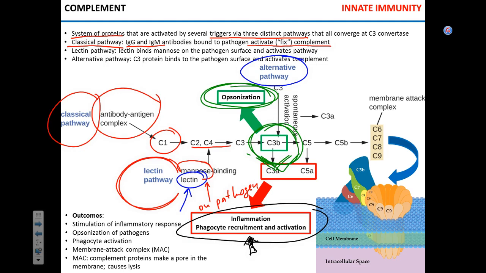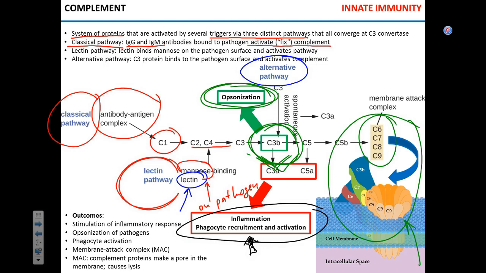Okay. And the third outcome is called the membrane attack complex, shown here to the right. In the membrane attack complex, we have 4 proteins that assemble into a pore that spans through the bacterial or protozoan membrane, essentially disrupting the normal flow across the membrane and leading to cell lysis.